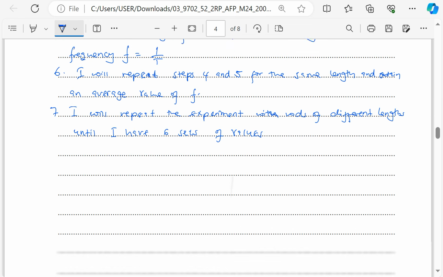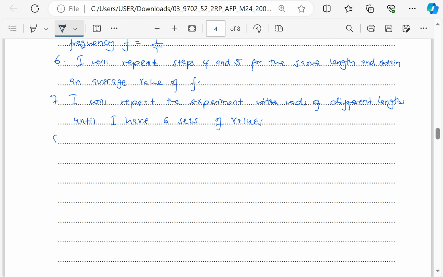Now that I have 6 sets of values, the next thing is to plot a graph. Step 8, I will plot a graph. We have already seen which graph we are going to plot.